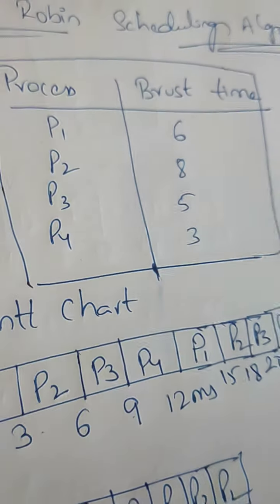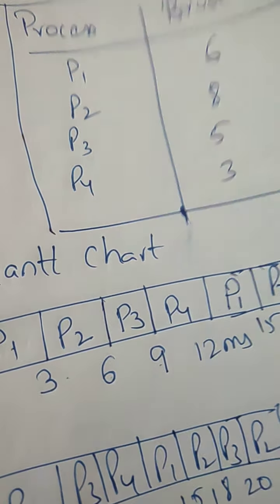Similarly, now we have to find out the turnaround time. So I am going to take P1 as a turnaround time. Observe here, guys, in the given question, the turnaround time is nothing but the time taken for completion of the execution.